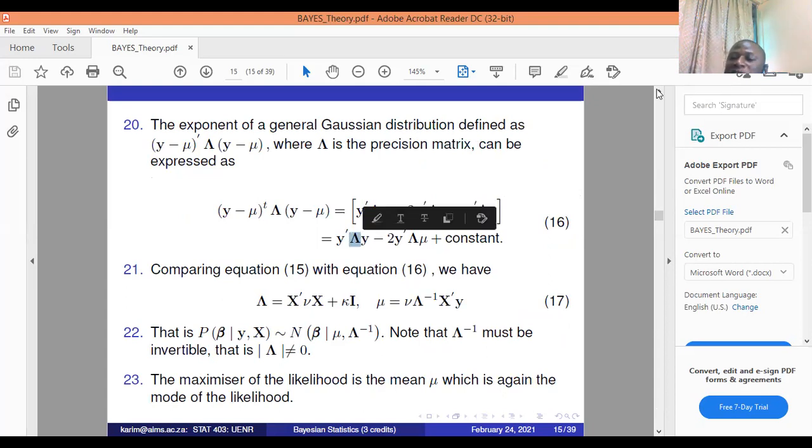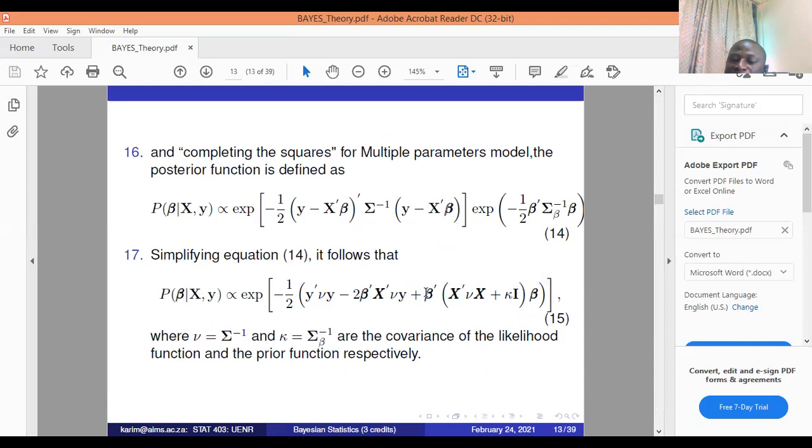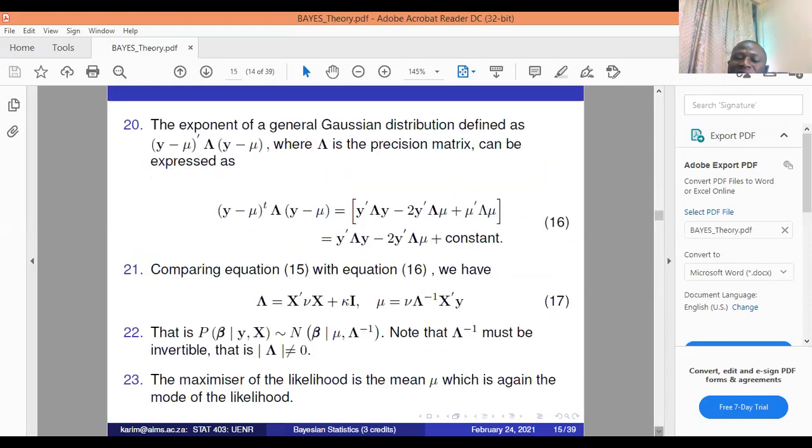Go back to that equation. You can see that we have beta prime or beta transpose, and then we have beta here. And we have something also remaining in the middle here. So what is remaining in the middle here is equal to the precision matrix. So the precision matrix, which is here, is going to be equal to what we have here.